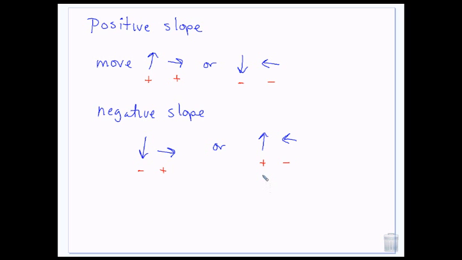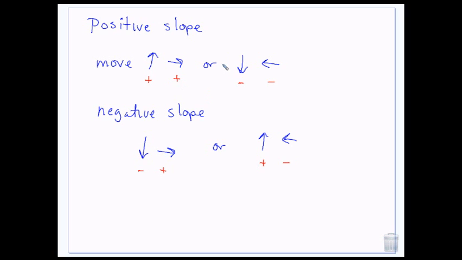So up is a positive direction, and right is a positive direction. If it helps you to remember, moving up makes sense as positive, and going in the right direction is positive. That will help you remember that to the right is positive, and then everything else is negative. Down is negative because you're moving down, and then left is negative.